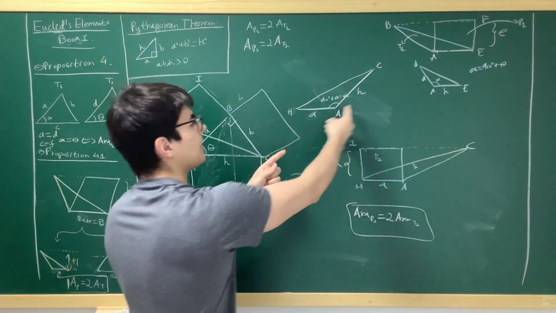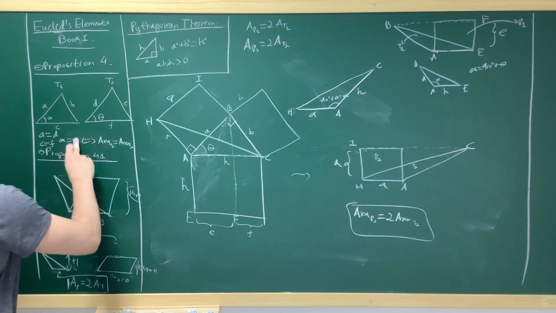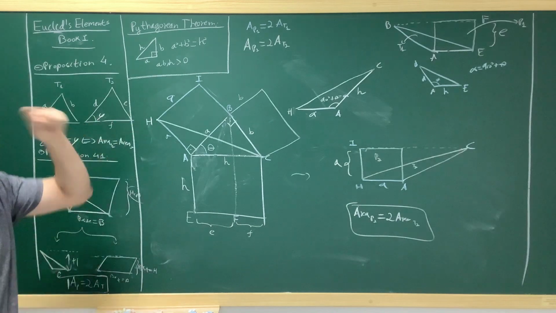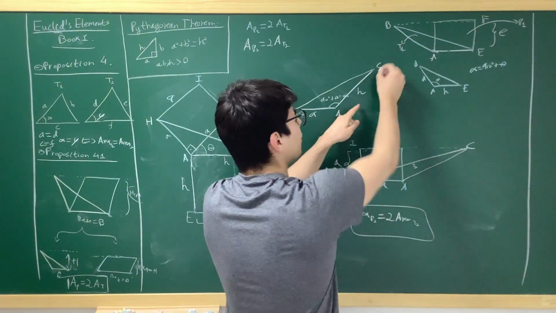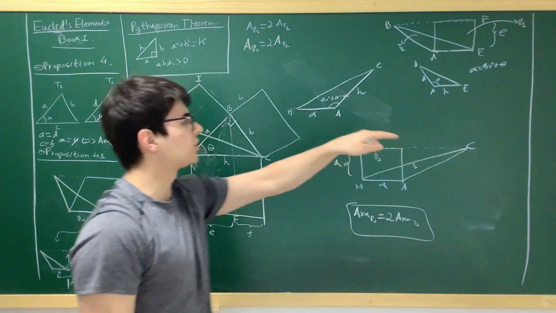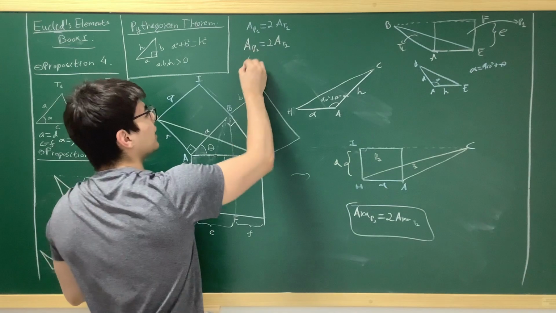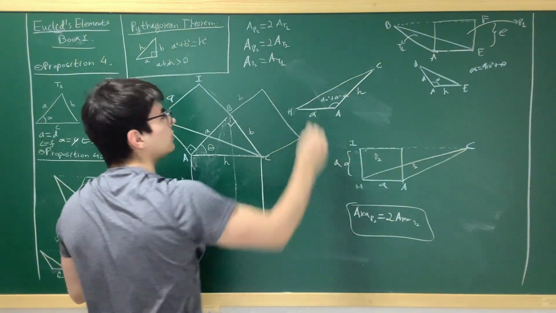So we have the same angle. Let me just call this phi so you don't get confused. Same angle, same length A, and the other length is actually the same, H. So the area of this triangle and this one are the same. So the area of T2 is equal to the area of T1.